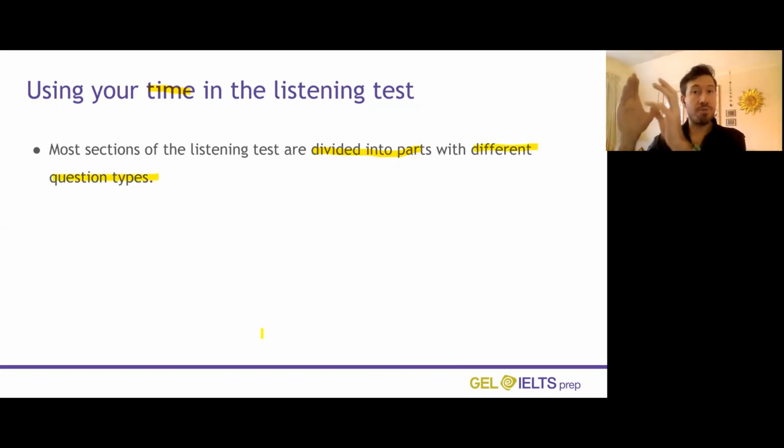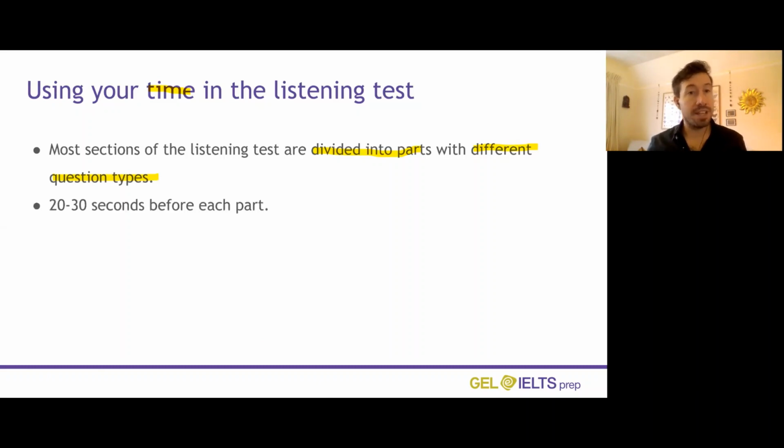Maybe you've got form completion first, and then you'll have a different type of question after that. So you have 20 to 30 seconds before each part, and this is so you can read the questions, have a little look at any gaps or any words, and try and think about synonyms, that kind of thing.